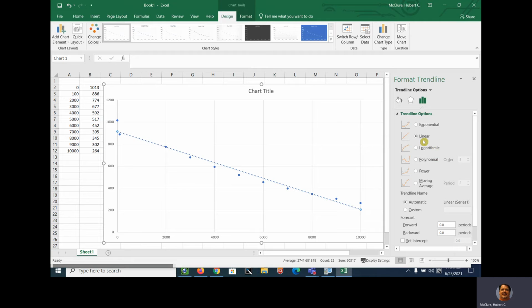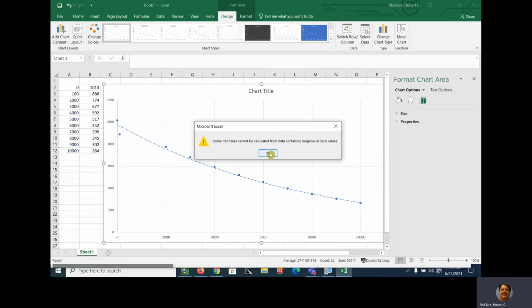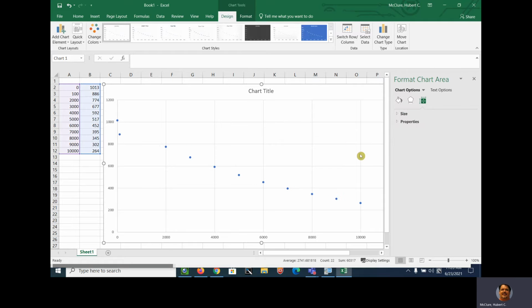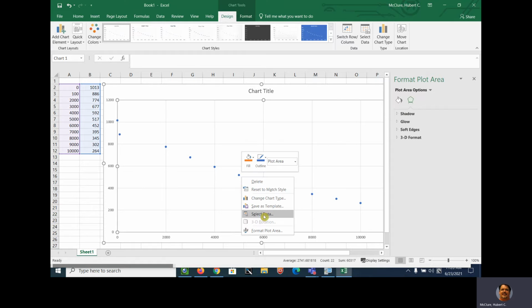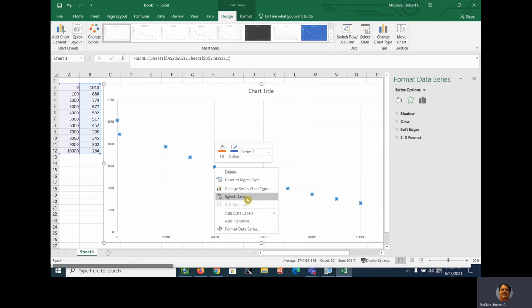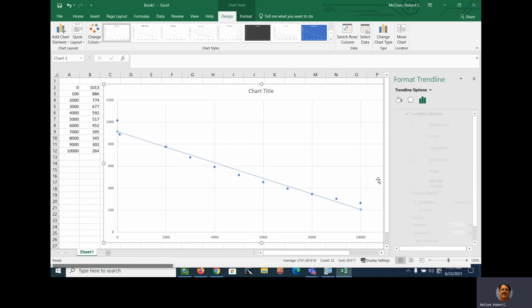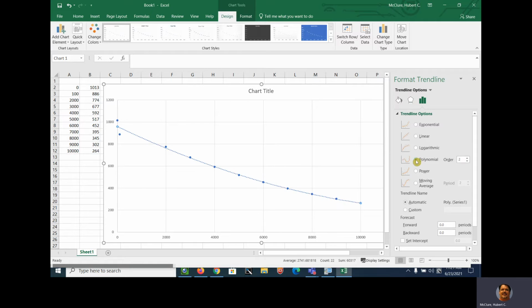Now, there's linear. That's okay. Exponential, that's a whole lot closer. I like exponential. Logarithmic, nope. Can't do logarithmic. Polynomial, ooh, that's close. Let's check between polynomial and exponential.